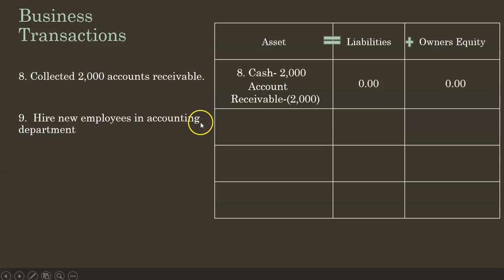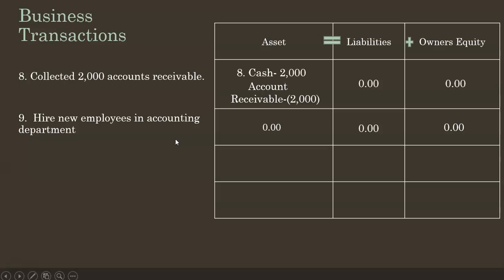Meaning to say, you don't need to think what is the effect on the accounting equation. Because 0, the effect on the asset, 0, the effect on the liabilities, and 0 effect on your owner's equity. So, meaning, transaction number 9 is not included to be analyzed.